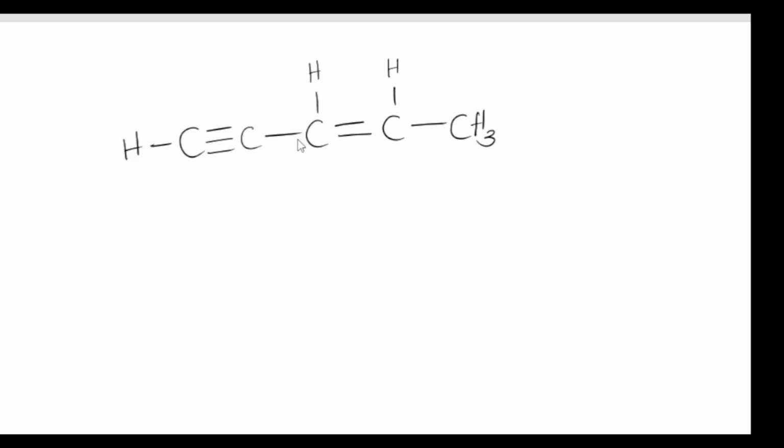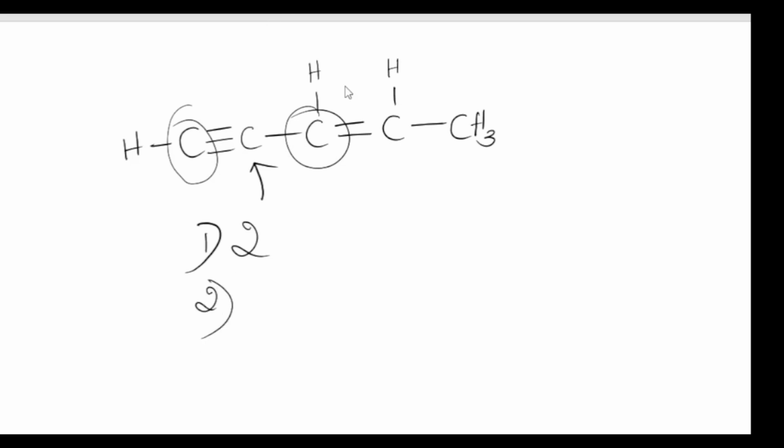Now I am showing one molecule. Suppose I randomly take one carbon atom. Suppose this carbon atom, I have to find the hybridization of this particular carbon. The first thing is the same: how many atoms this carbon atom is attached to. It is this carbon atom and this carbon atom, only two atoms. Then any lone pairs?